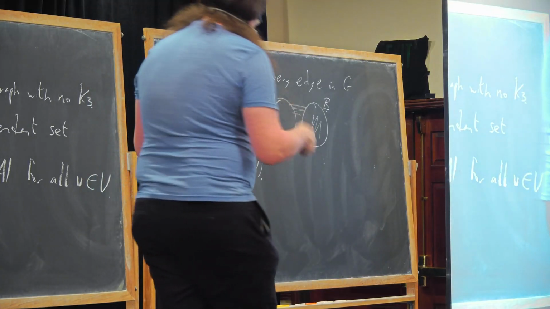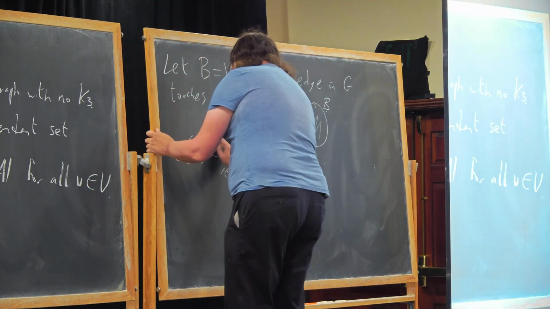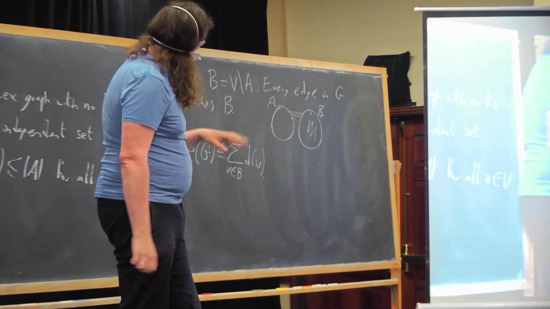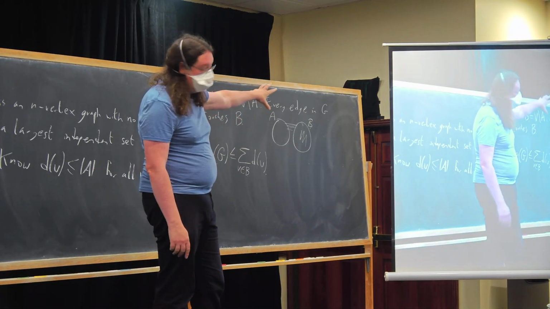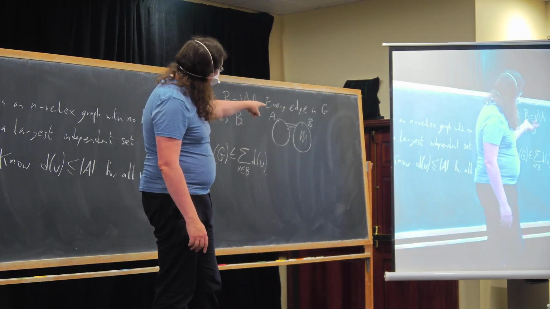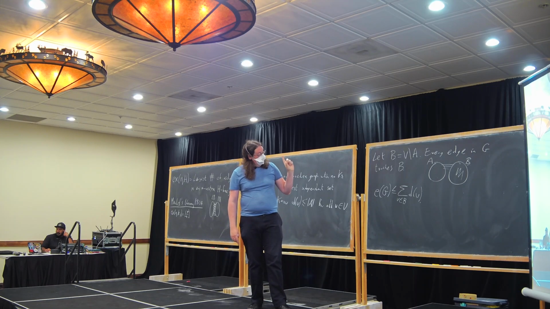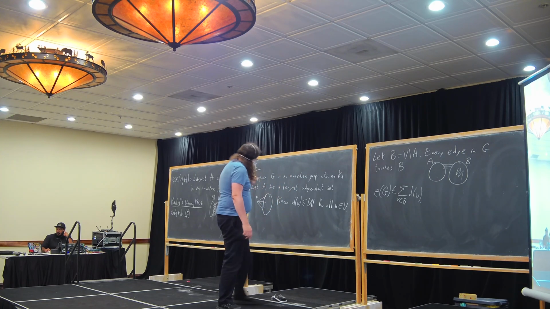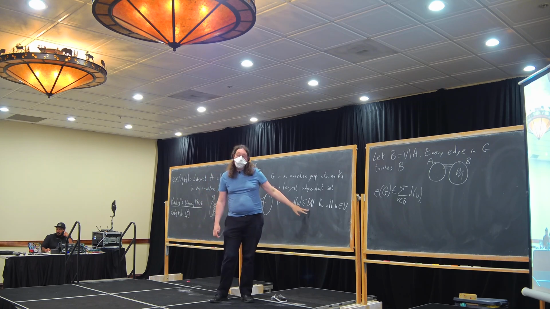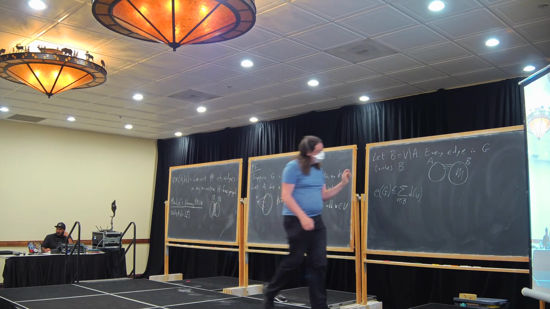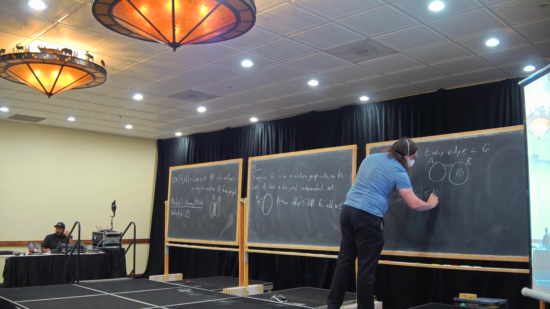So actually, sorry, this is a less than or equal to. So the number of edges is definitely at most this thing, and unless B is an independent set, it's actually equal. But this is definitely an upper bound. Now we also know, because we just showed it, that d(v) is always at most |A|. So this is at most |A| times |B|.